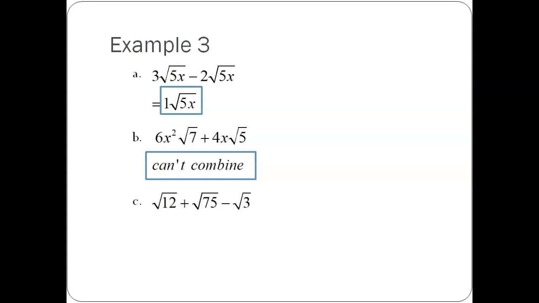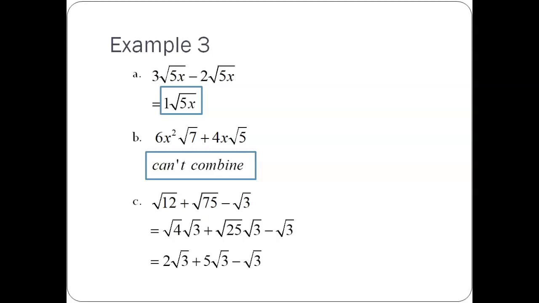So the square root of 12, I'm going to make that square root of 4 times the square root of 3. For the square root of 75, we have the square root of 25 and the square root of 3. So that becomes 2 root 3 and 5 root 3. And now you see that under the square root, we have the same thing. 2 root 3 plus 5 root 3 minus, and you can think of this as minus 1 root 3 if you'd like.